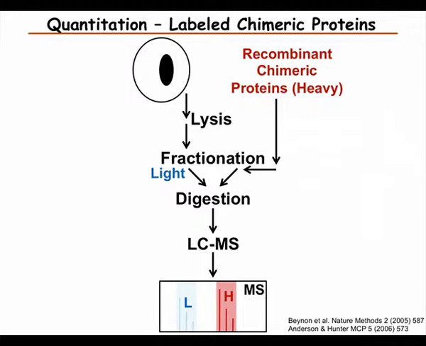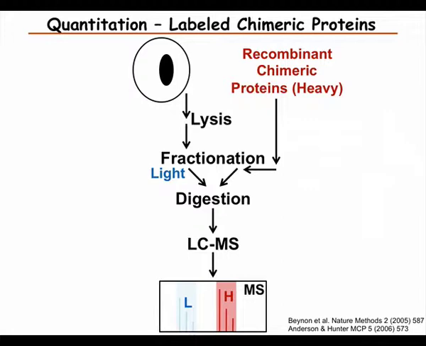So then we have another where we use recombinant proteins that we label with heavy labels, and in this case these are not real proteins, but they are chimeric proteins.